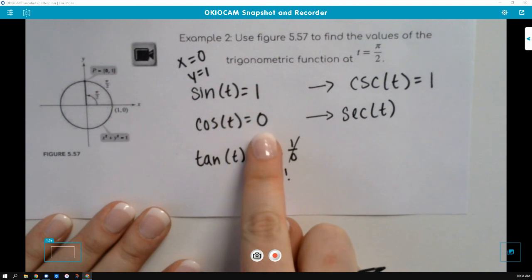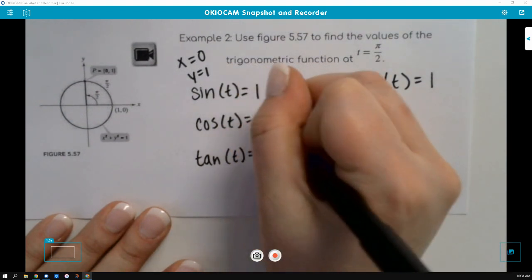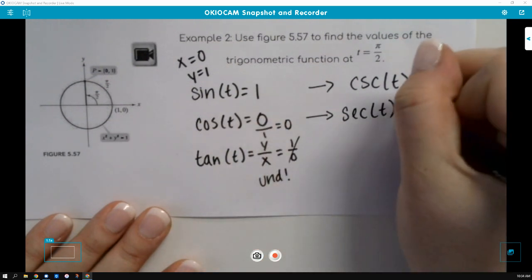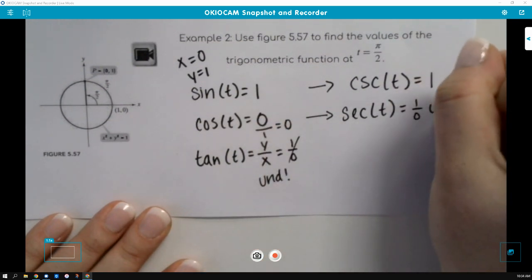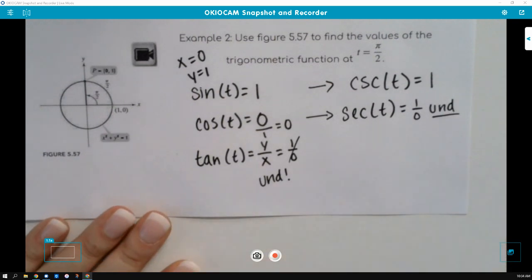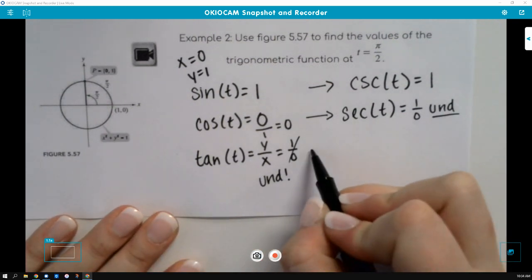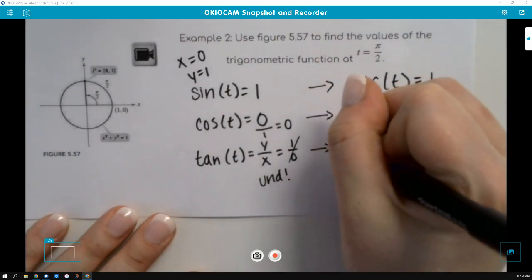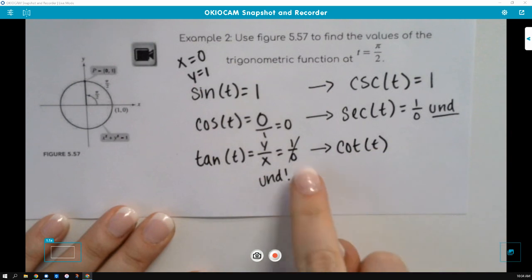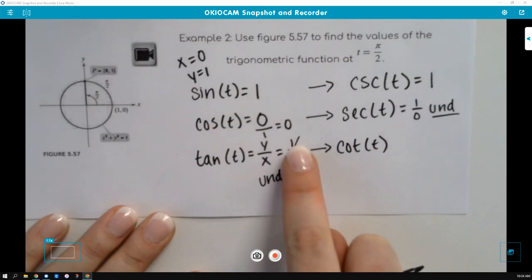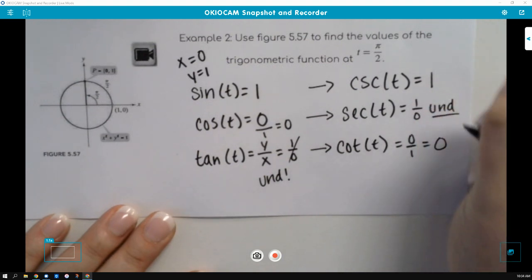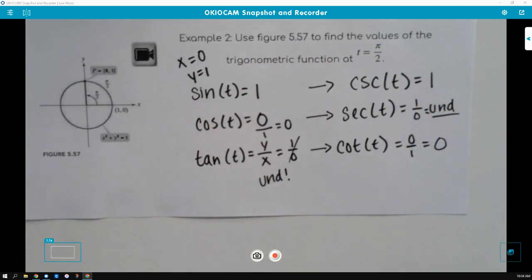This is currently, we can think about it as 0 over 1 equals 0. So to flip this, it would be 1 over 0. So it's going to be undefined again. And then cotangent, we get to flip this. So instead of 1 over 0, it's 0 over 1. So then it is actually just 0. Okay.